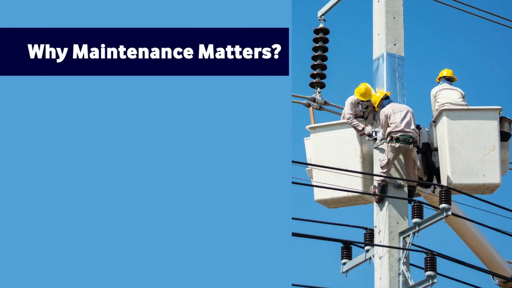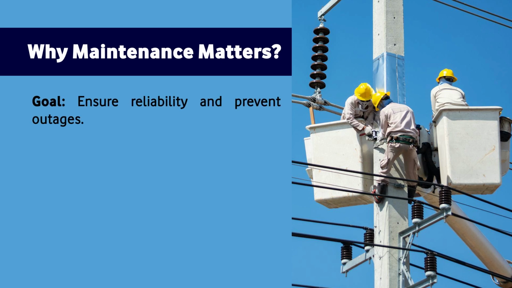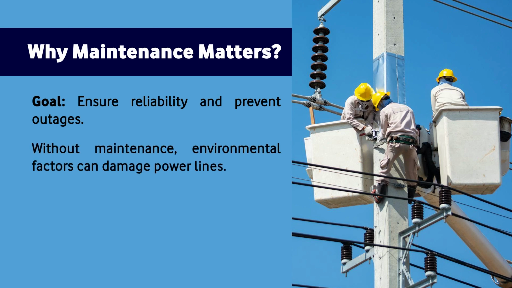Without regular upkeep, these lines can suffer from corrosion, wear and even catastrophic failures. Maintenance is not just about fixing things when they break, it is about preventing problems before they happen. In other words, maintenance deals with the prevention mechanism.